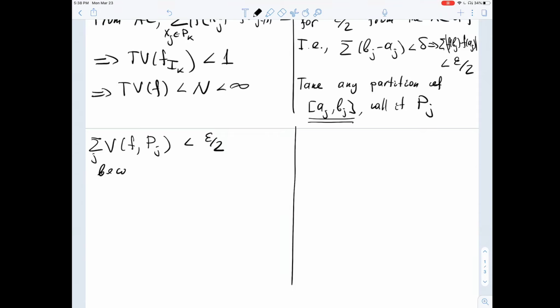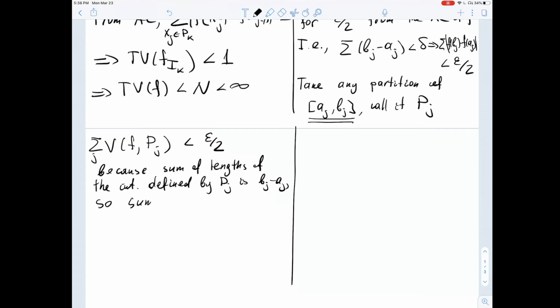Okay, because the sum of the lengths of the intervals defined by Pj is exactly bj minus aj, so the sum of all lengths over all Pj's is this, which is less than delta.